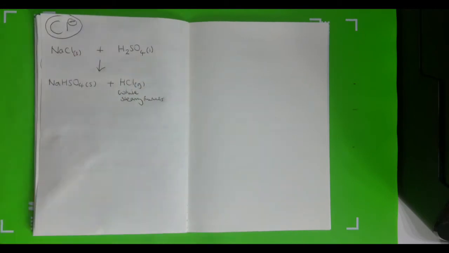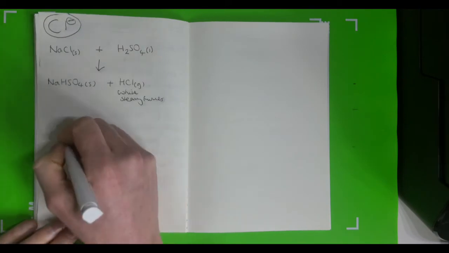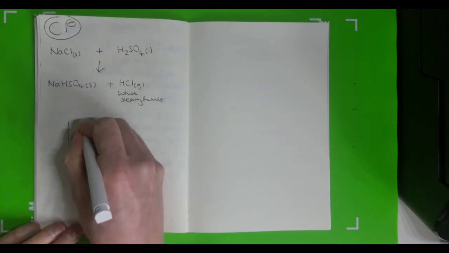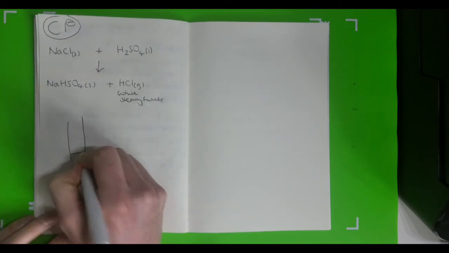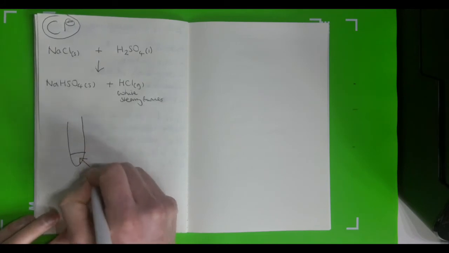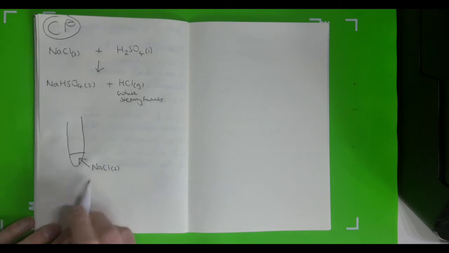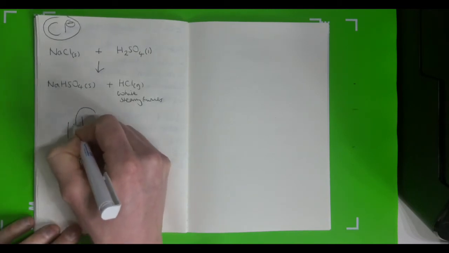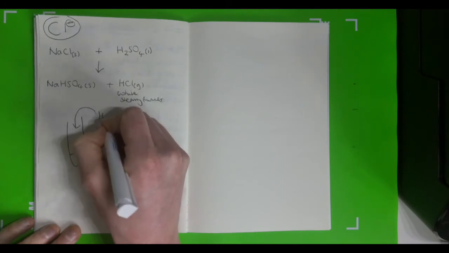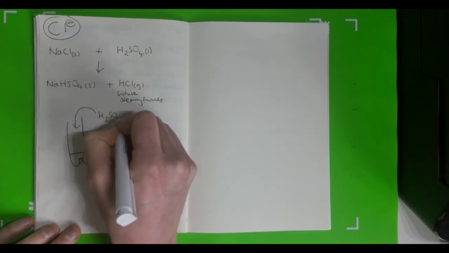So we'll definitely have a go at this experiment, but if you imagine you've got a test tube here, and in there you've got a solid, sodium chloride, in other words just table salt, and then you pour in concentrated sulfuric acid.